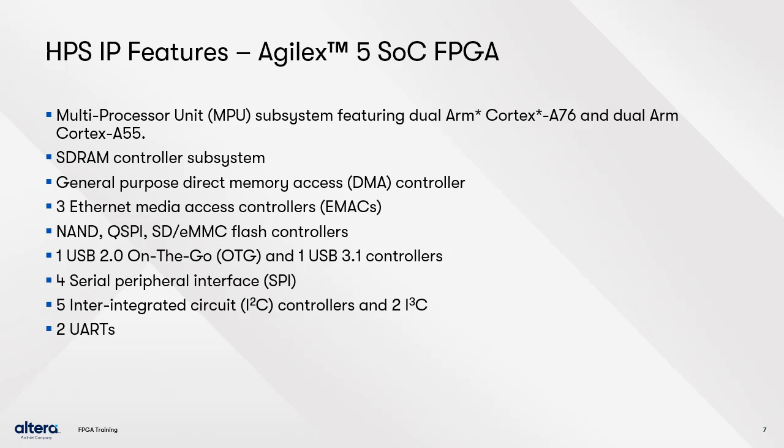There are also UARTs and GPIO interfaces in the HPS. You can find more information on the resources available from this and other Altera SoC FPGAs at the end of this presentation.